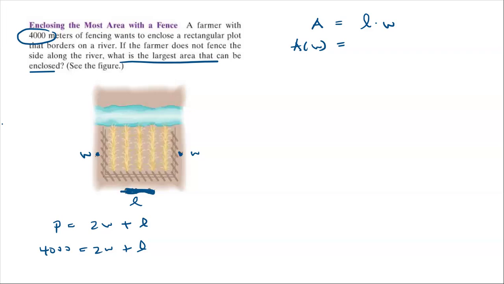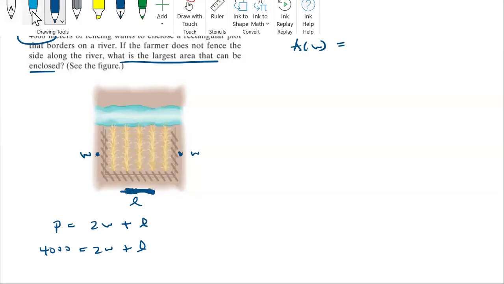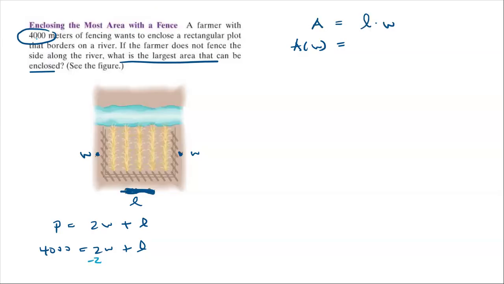So we're just going to subtract 2W on each side. In this case, we get L is equal to 4,000 minus 2W. So what am I going to do?